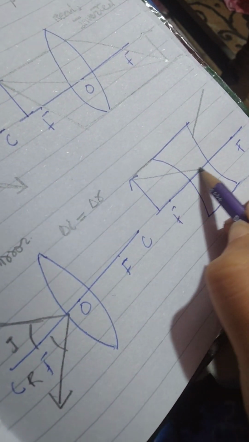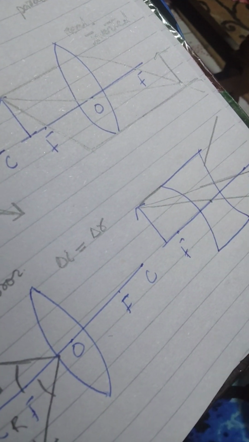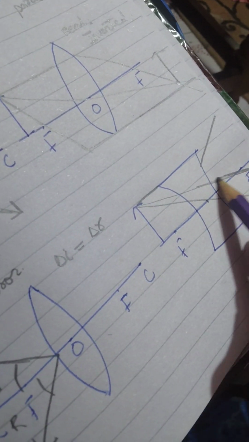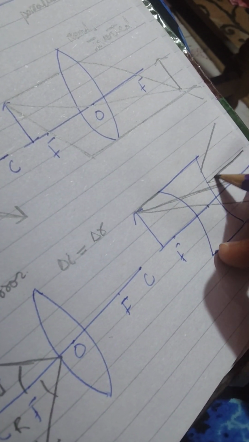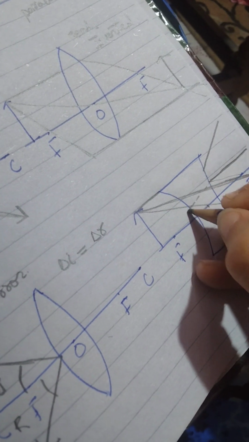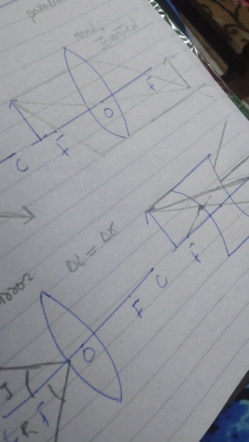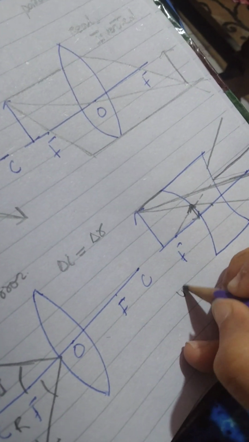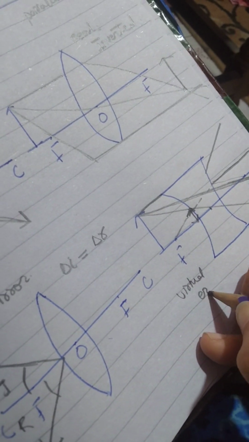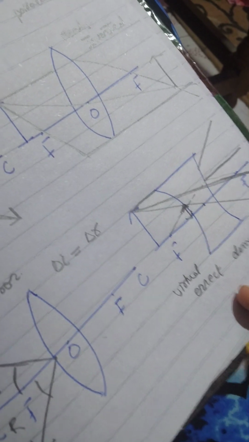Basically it moves like this, and from the focus it is like this, and here it moves in a parallel way, and we will try to converge this on the focus. As you can see over here, it is crossing over here, right? So here we get an image which is basically virtual, erect, and diminished, right? So I hope this is clear to you.